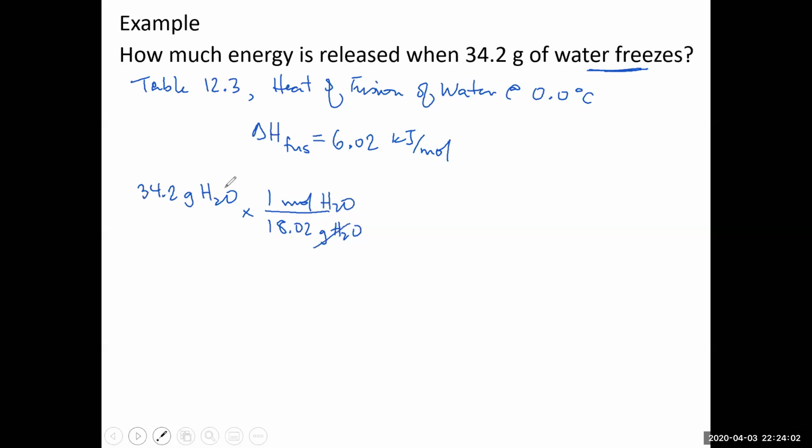So now our grams of water have canceled out, and we have moles of water. Now we can use the heat of fusion to cancel out our moles of water and convert into kilojoules of heat. And we end up with 11.4 kilojoules.